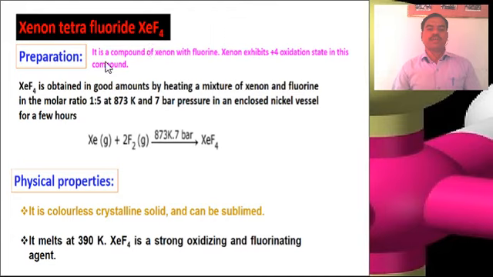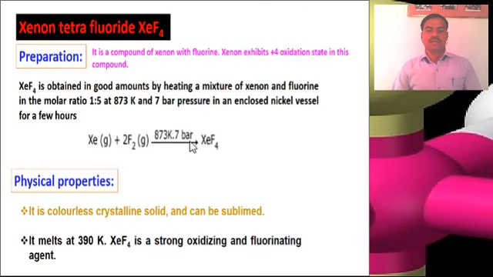Preparation of XeF4: XeF4 is obtained in good amount by heating a mixture of xenon and fluorine in the molar ratio 1:5 at 873 Kelvin and 7 bar pressure in a sealed nickel vessel for a few hours.